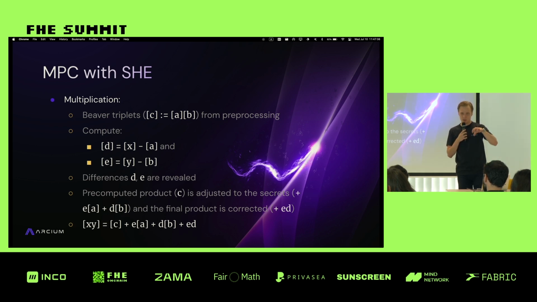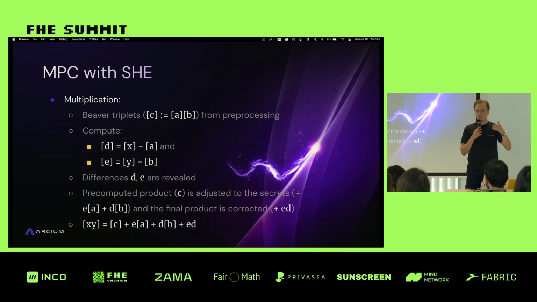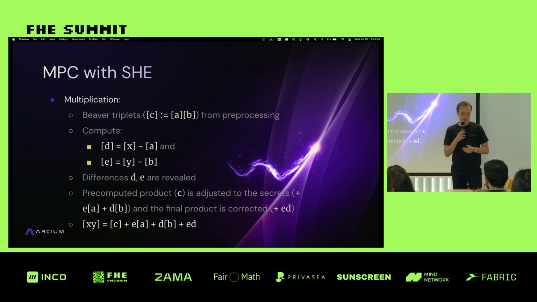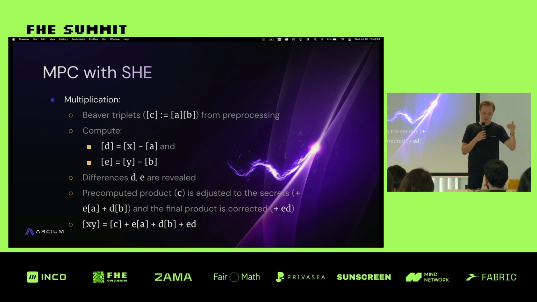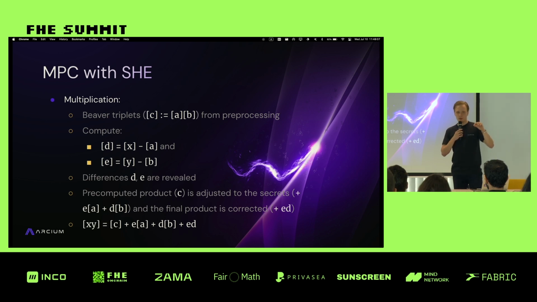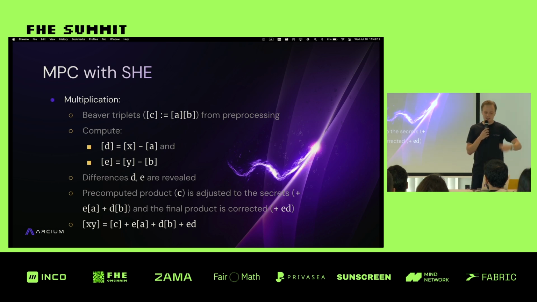So we take this pre-computed product, this multiplication that has happened in the past, together with a cryptographic proof that C is actually correlated to A and B. And then we use that pre-computed product and adjust it to the secrets that we actually want to compute the product of, right? So we adjust it by adding the products with those two sums that we previously computed and publicly revealed the values of. And then at the end, we need to correct by those values again.